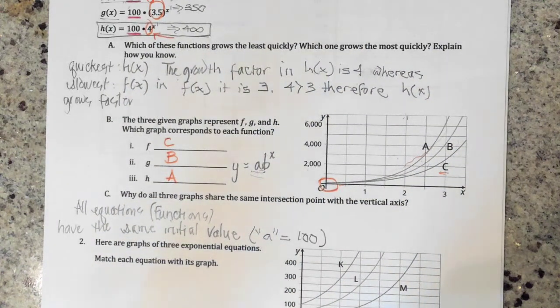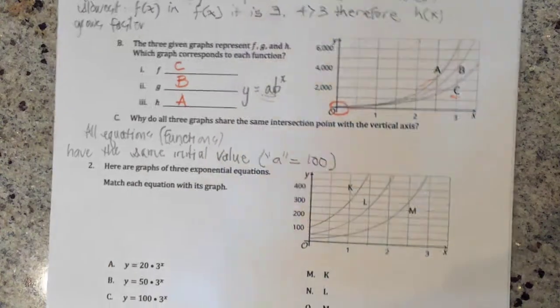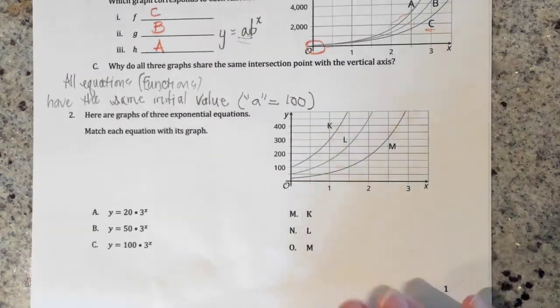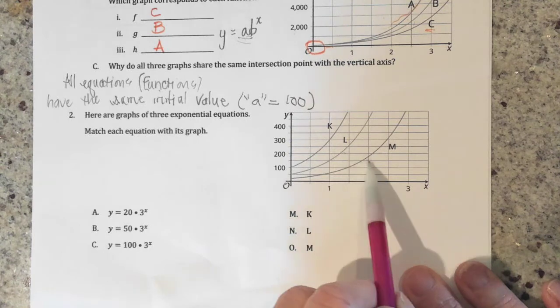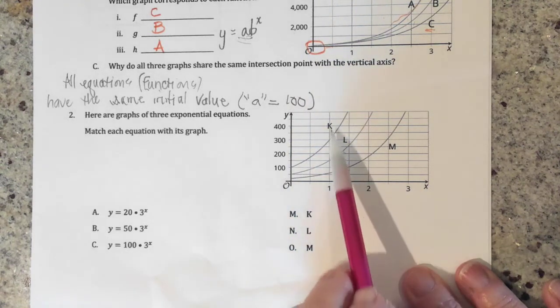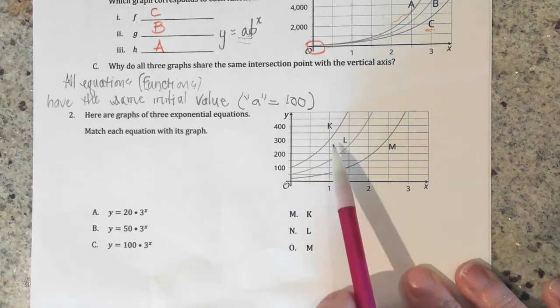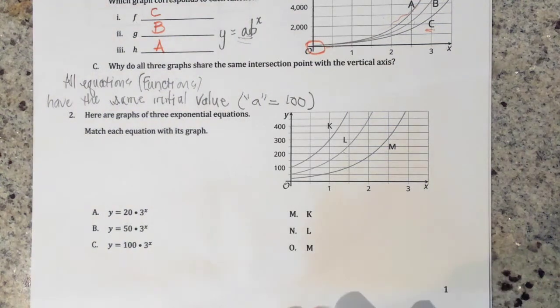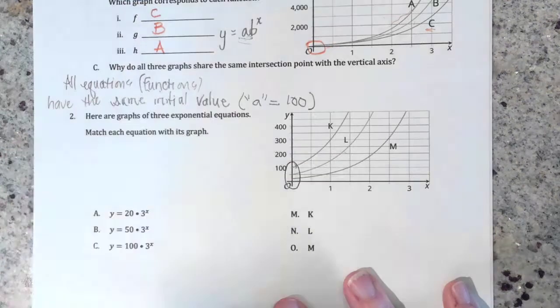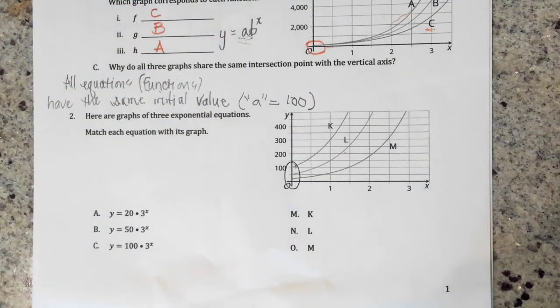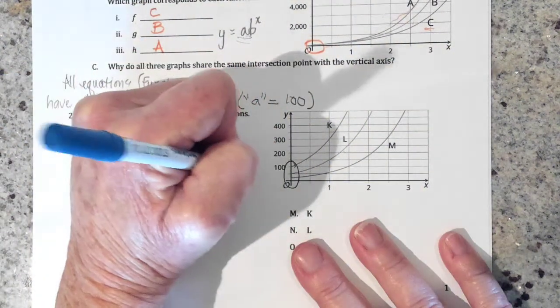All right, so now let's move on to question number 2. You've got, again, 3 graphs. They're showing right away. I'm going to note something that I'm noticing about K, L, and M. K is above L and M. But one of the other things I want to point out is, look at this right here. They all have a different initial value.